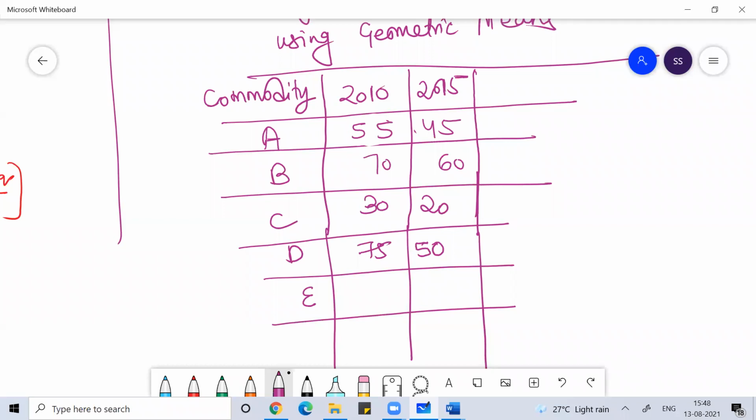Then 85, 90. Then 120, 130. Clear, everyone?